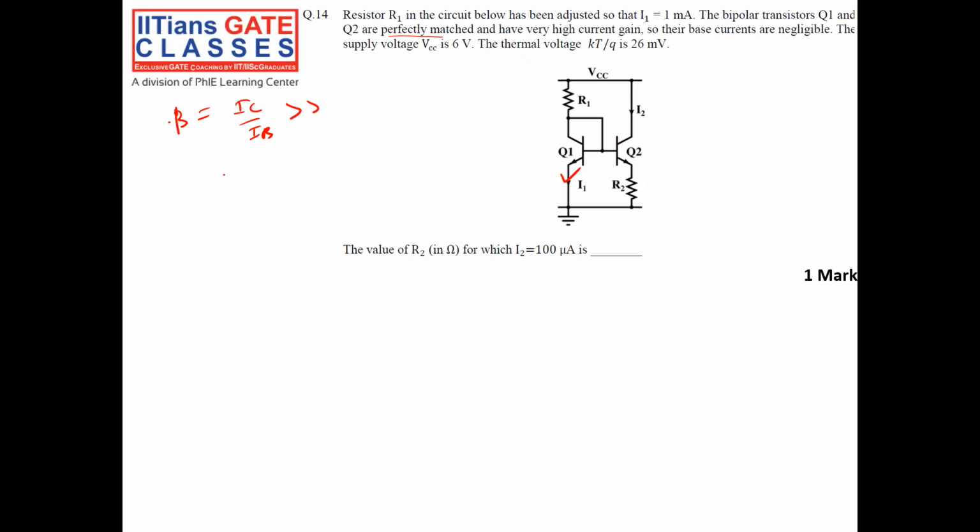The meaning of that is I can ignore IB. This implies my emitter current, which is my collector current plus base current, will be approximately equal to the collector current, because beta is very high and IB is very small. This is the meaning of having a very high current gain. So their base currents are negligible, which we have already explained.